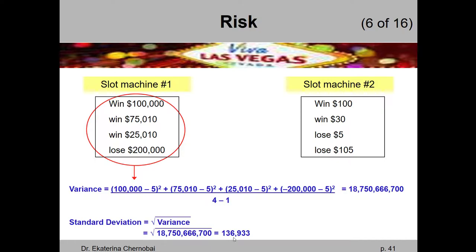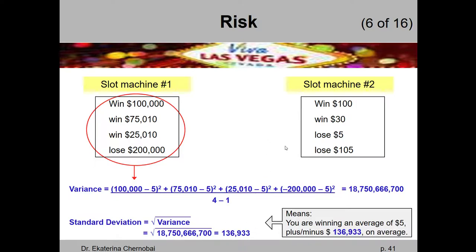This means that if we keep playing slot machine number 1, we would be earning on average $5 per game, but the actual amounts of money we would be making or losing would be $136,933 either above or below the $5 average. So that's the average distance from the average.